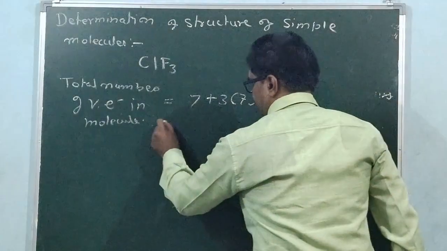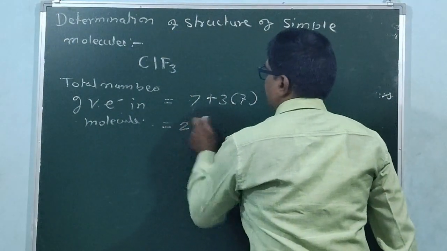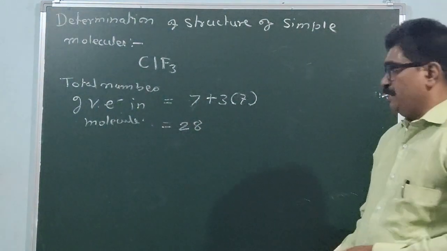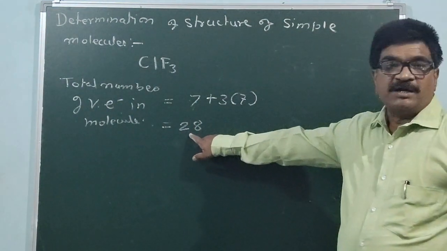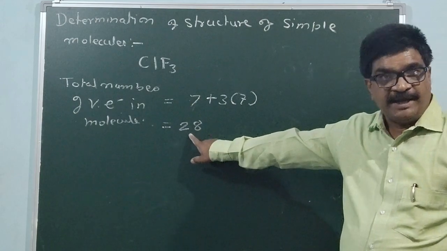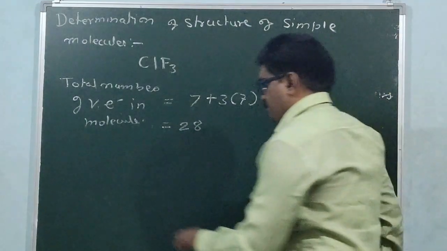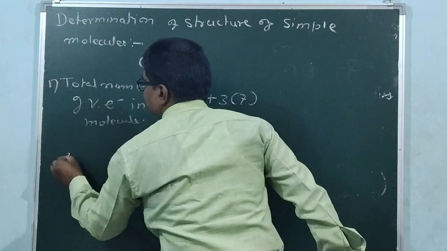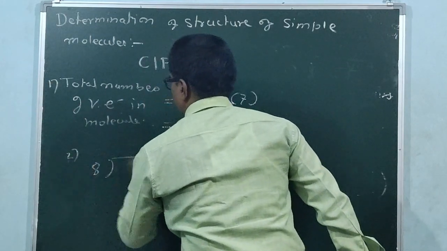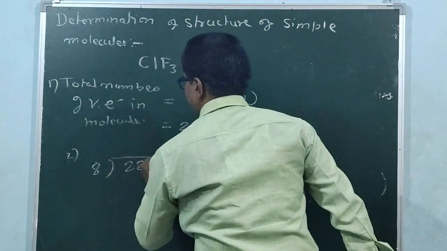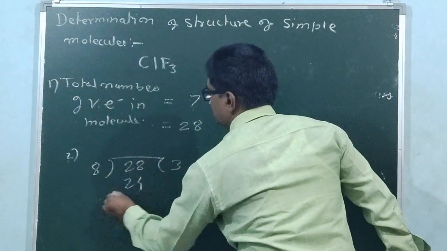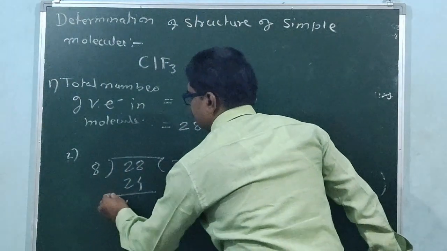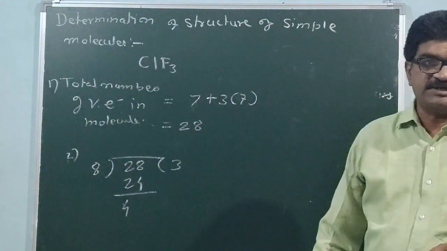The total is 28. Since this number is greater than 8, it is to be divided by 8. 8 threes are 24, and there is a remainder of 4.